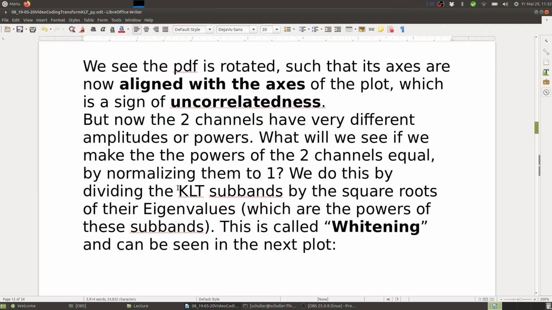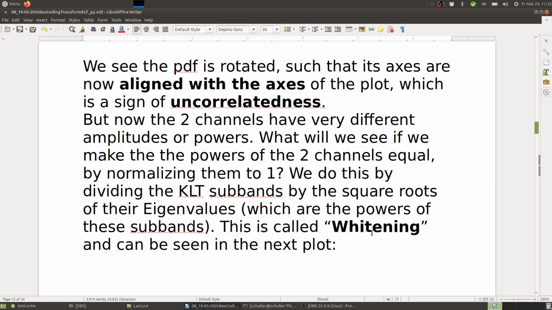We do this by dividing the KLT subbands by the square roots of their eigenvalues, which are the powers of the subbands. Remember, the eigenvalues are the powers, and if we take the square root, we get the voltages or currents, or basically the signals. It's the signal domain itself.